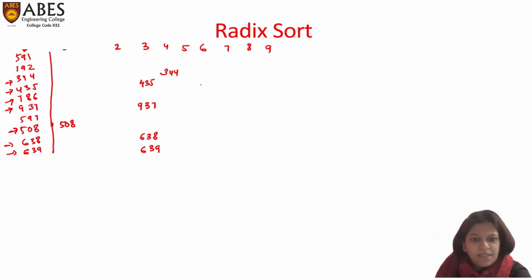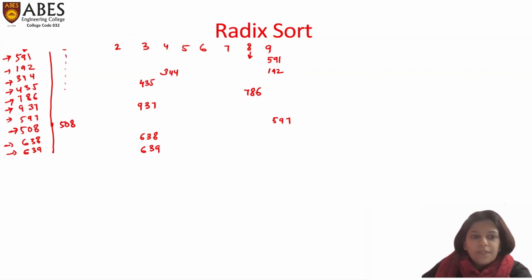Yes, we have this 786. So this will come here, 786 in the 8th column, right? Then we are going to look at the numbers having 9. We have 591, and then we have 192, and then we have this 597. And in this way, we have written all the numbers in the table.